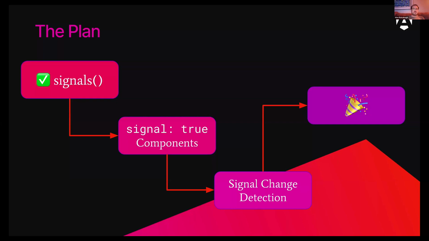The value proposition was that if you were able to convert your application to use signals, to use signal components, then not only would you get faster change detection, but you would eventually be able to drop the zone.js dependency once all of your state and all of your components were on signals.